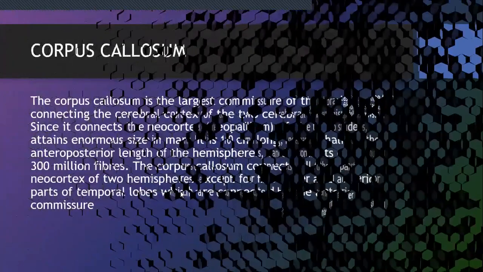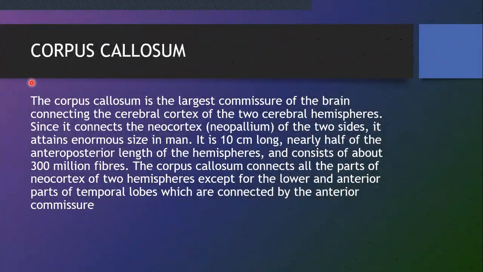Now, let's look at the corpus callosum. The corpus callosum is the largest commissure of the brain. It usually connects the cerebral cortex of the two cerebral hemispheres. Since it connects the neocortex, remember, which has 6 histological layers, it attains enormous size in man. Remember, neocortex is most developed in man, so man has the largest corpus callosum.